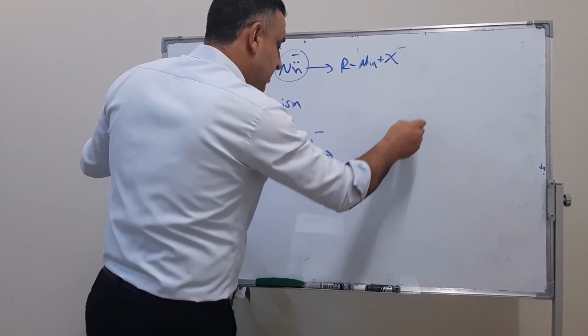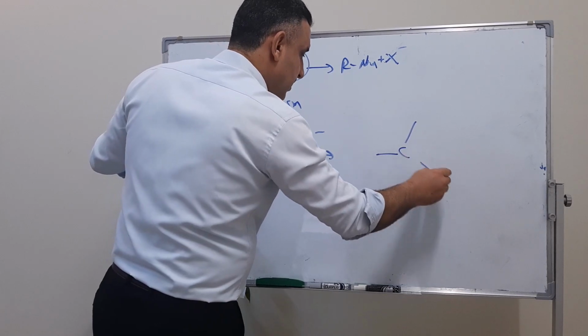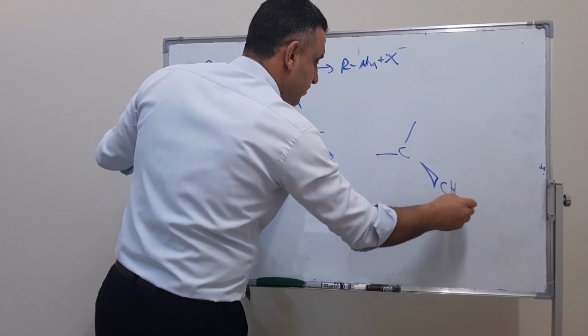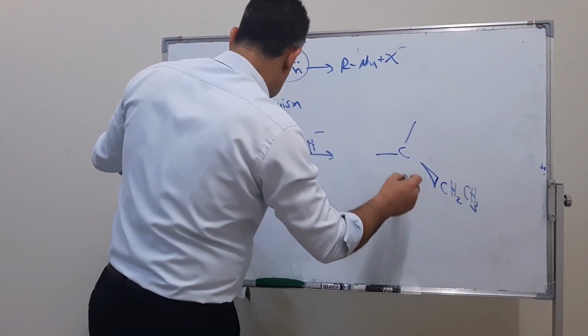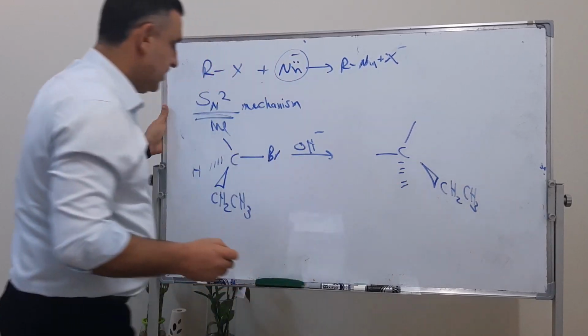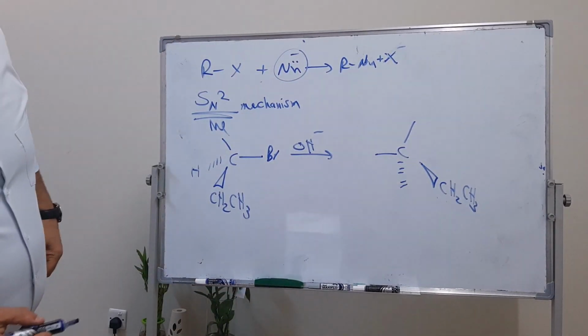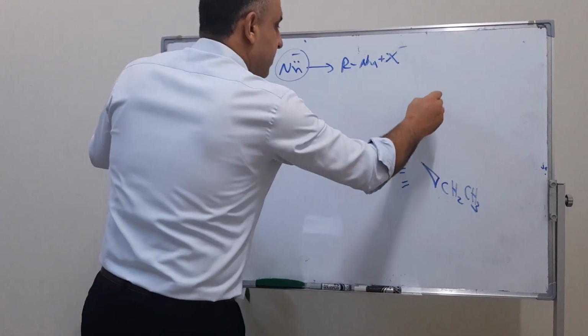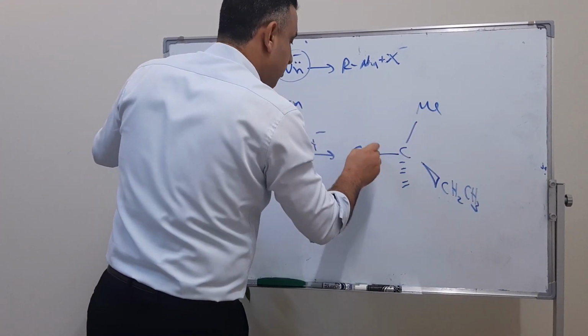So the ethyl is the same, CH2CH3, then hydrogen, and then we'll have a methyl and OH, sorry.